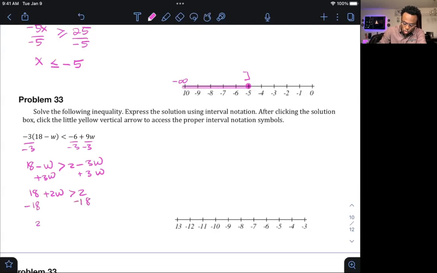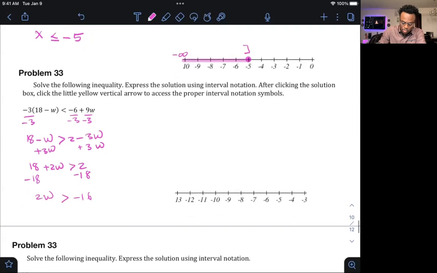You would get 2W, not equals, you know what it is, it's greater than -16. And then we divide by 2. Then the answer would be W greater than -8.